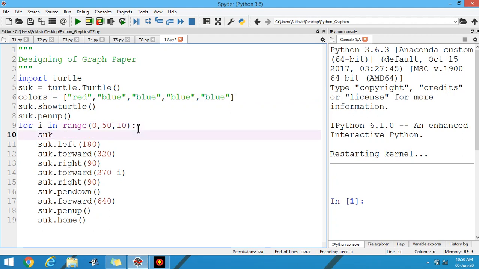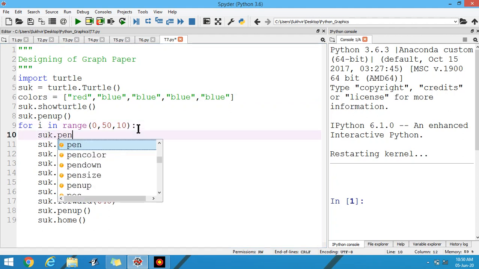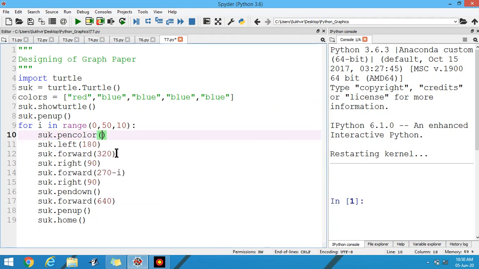Suk dot pen color. You can select the color here, i modulus 5. It gives us the remainder, that is the first value, colors.